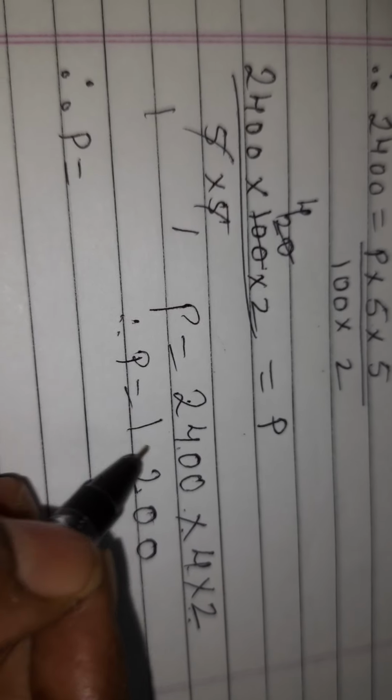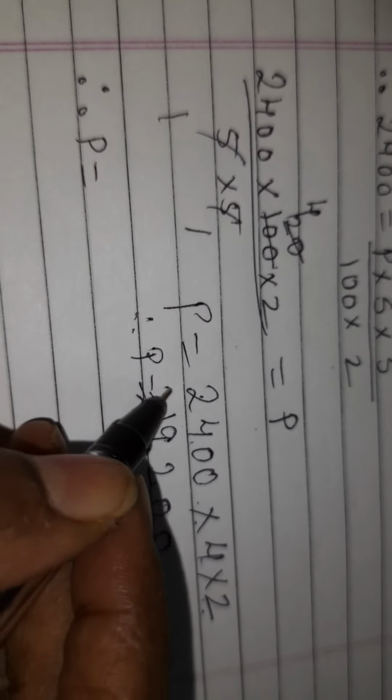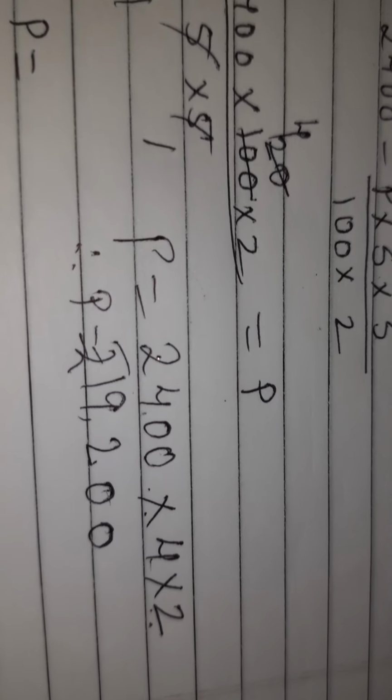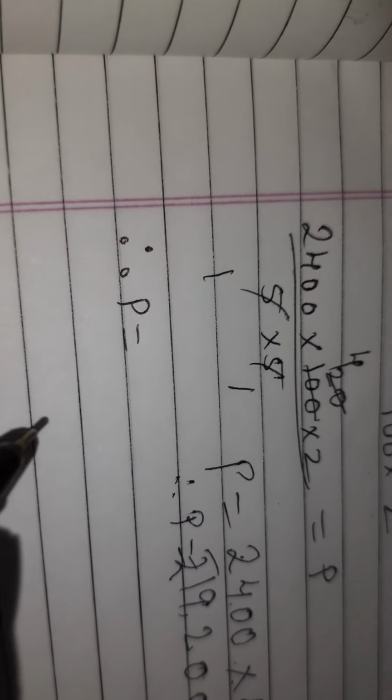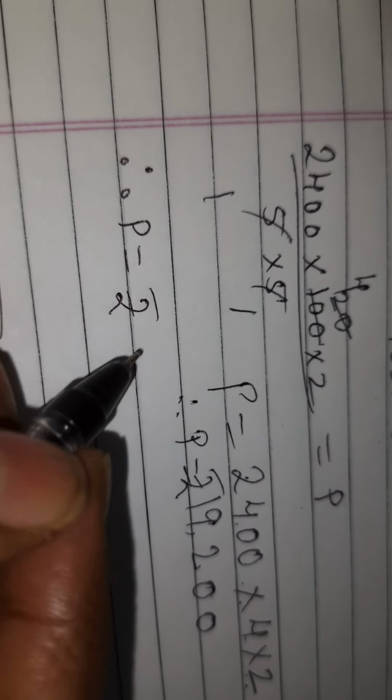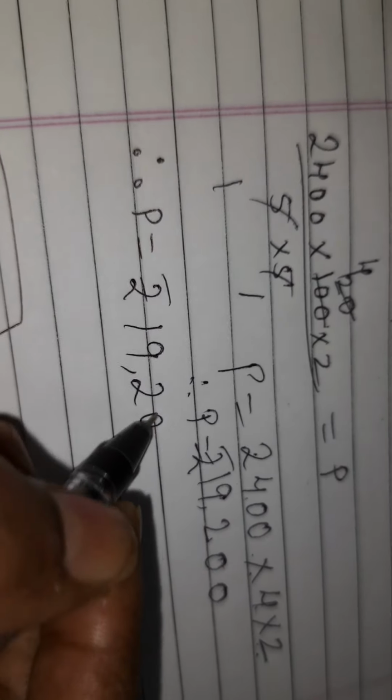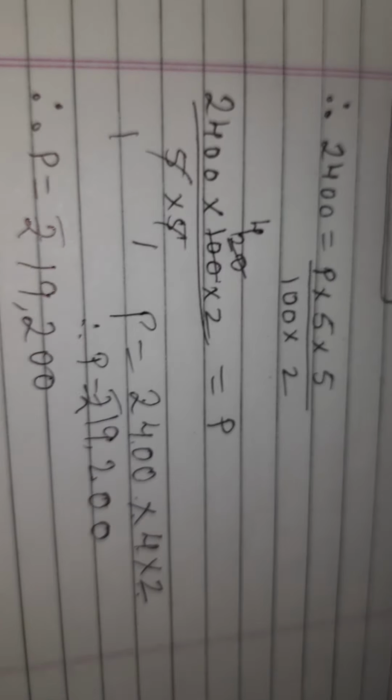So 19,200 rupees. So principal we got as 19,200 rupees. Write it down nicely. Understood, no? Clearly.